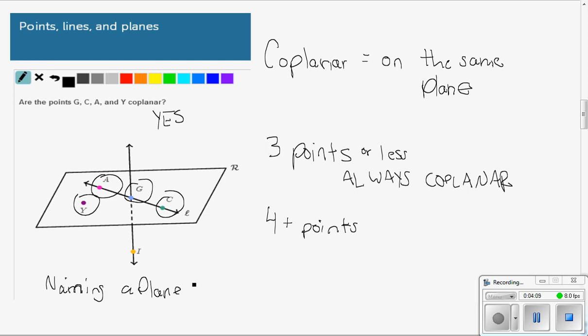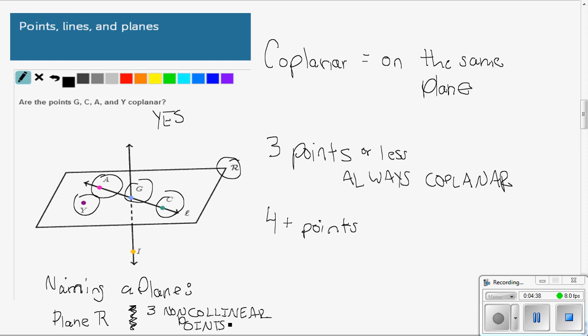How do we name a plane? Well, because we have this cursive letter in the corner, we can in fact name this plane plane R with the cursive capital R. But typically the way that we name a plane is with 3 non-collinear points that are on the plane.